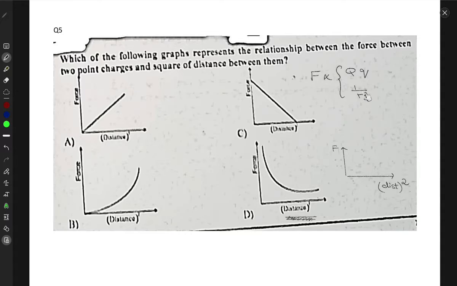So it would be 1 over r squared, and because it's 1 over r squared, it is an inverse relation, which means that the right graph for this would be a line that, when the distance is closer to 0, at that point the force is maximum, and when the distance increases, then the force starts decreasing.